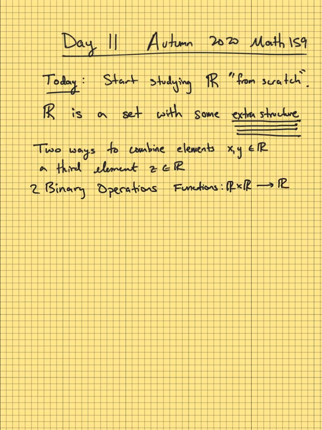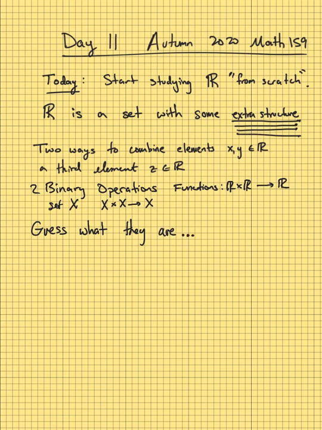A general binary operation on a set is just a function from X cross X to X. I think you can imagine what they're going to be, so guess what they are.